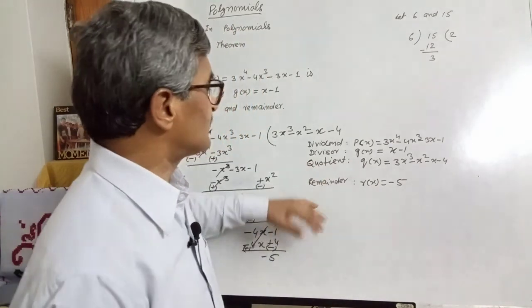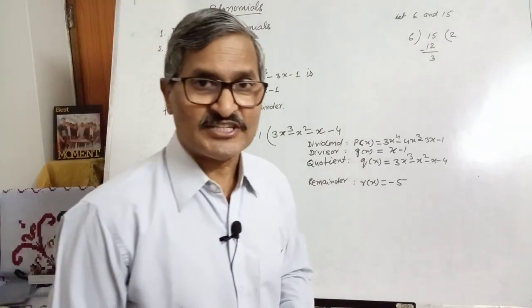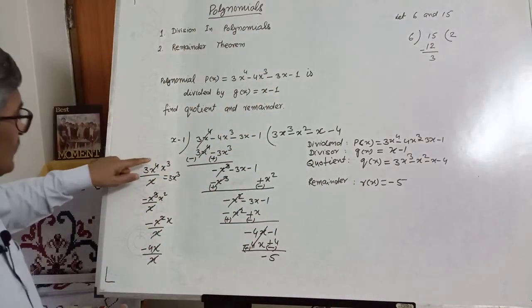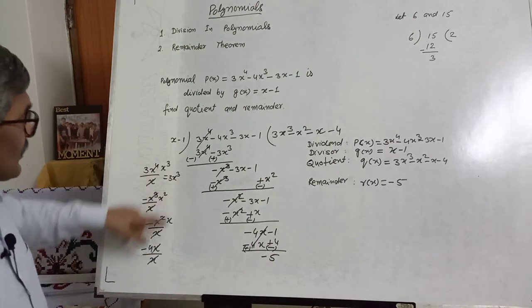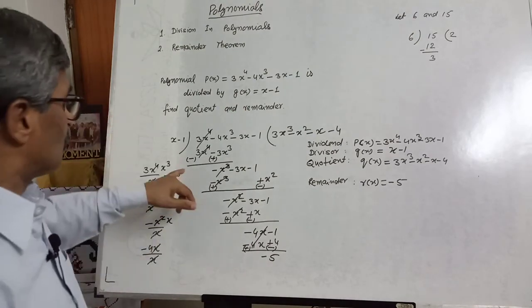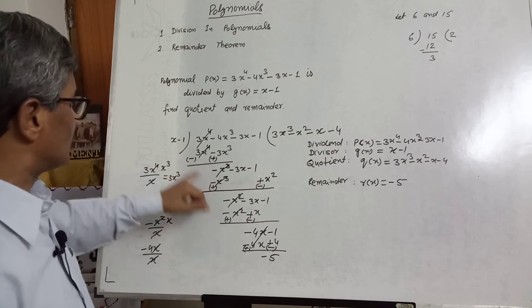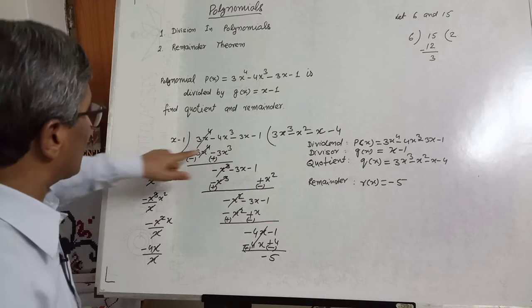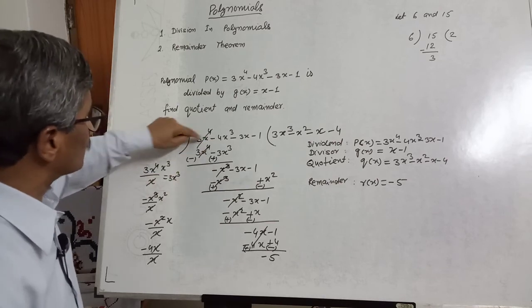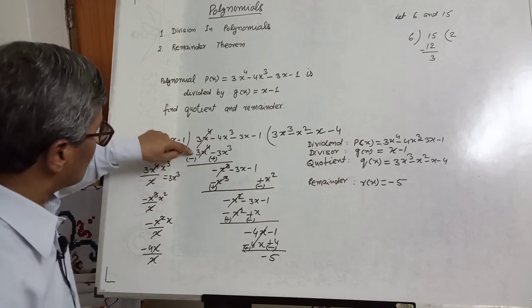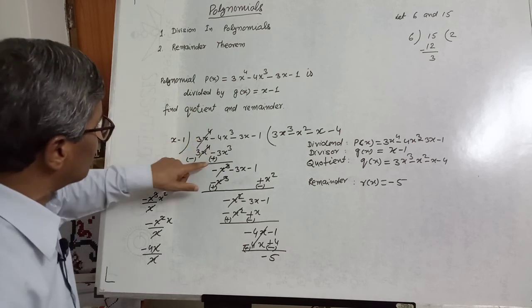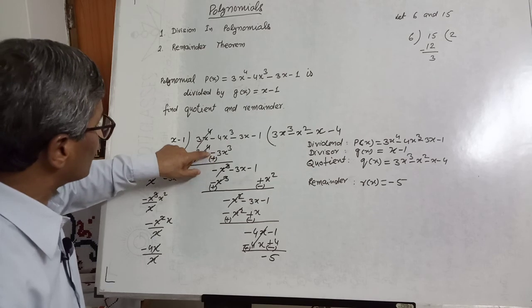You can practice with the help of other questions. Questions are given in the exercise. You will follow this method. If you are following it, you are not going to make any mistake. You must be careful about these signs, where the sign is changed and which sign we are looking for. Don't see these two signs. Here you see plus and here it is minus, so this sign will be changed and after that you will consider the changed sign, not this sign.